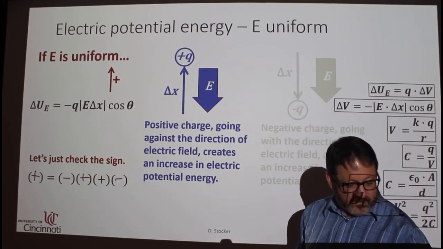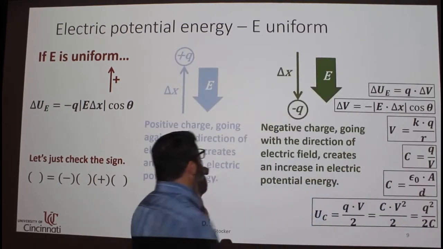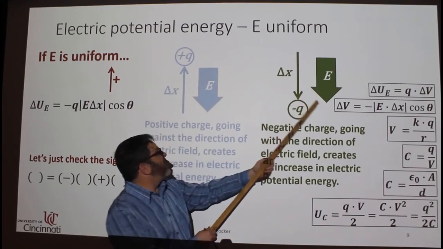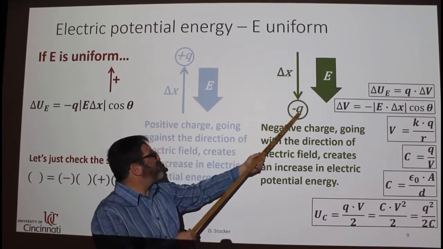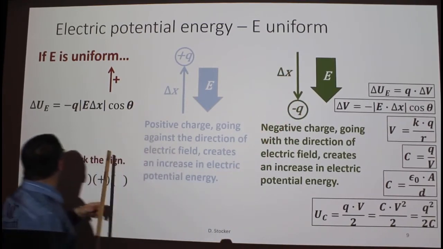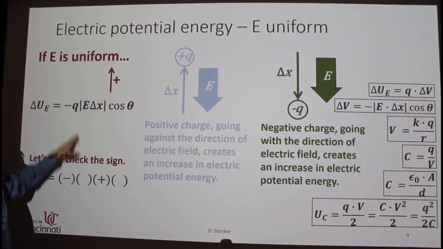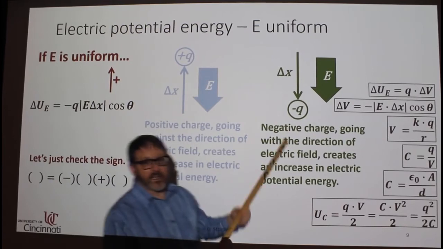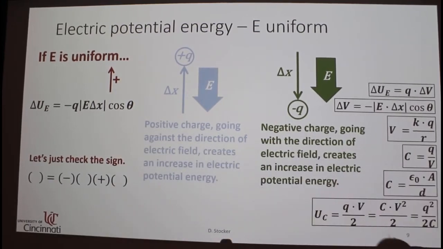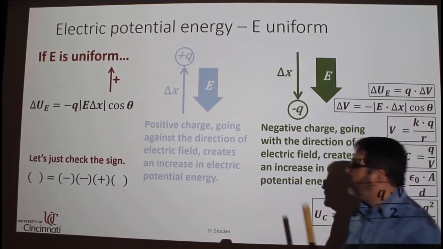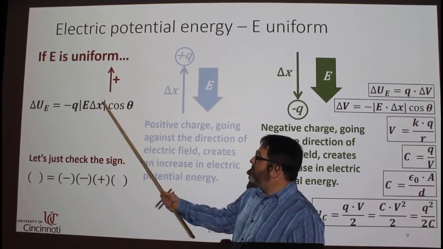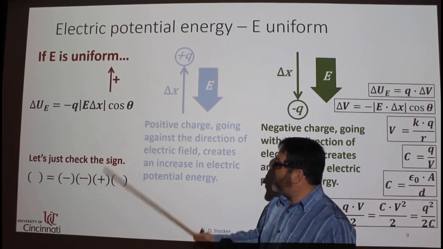Let's try it again with the other situation. Now we've got the electric field pointing down, but a negative charge going down here. So again, the negative is negative. The Q, in this case, is negative, so I'll put a minus in there. Absolute value, so that's positive.